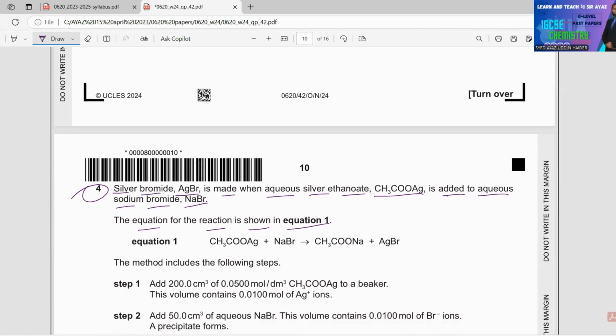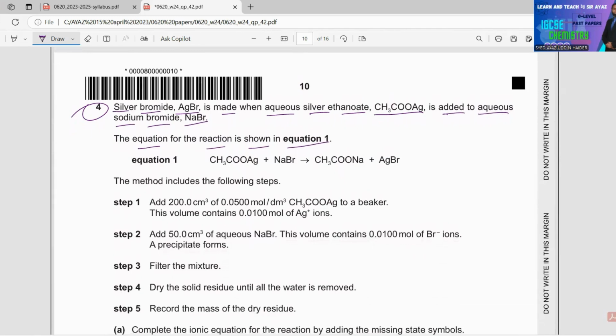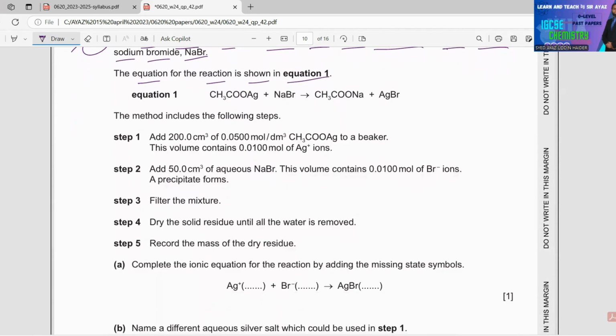CH3COOAg plus NaBr gives CH3COONa plus AgBr. The method includes the following steps. Step 1. Add 200 cm3 of 0.05 mol per dm3 CH3COOAg to a beaker. This volume contains 0.01 mole of Ag+ ions.